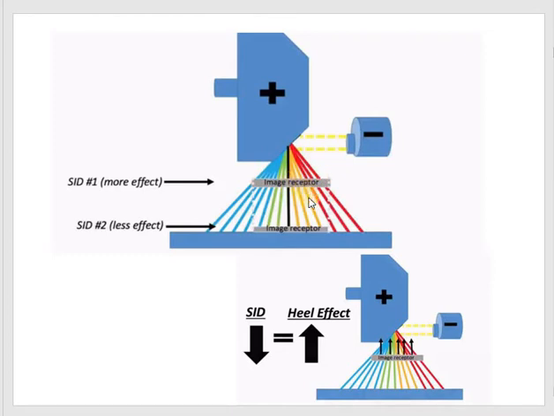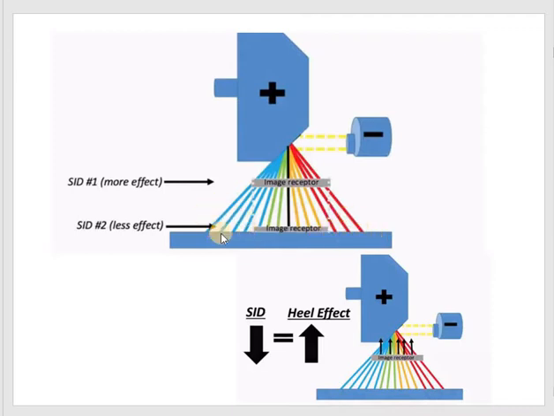However, if you increase the source to image distance, this image receptor of the same size receives the non-uniform beam, but only from the small intensity up to the medium intensity. It doesn't receive the greater difference of intensity.